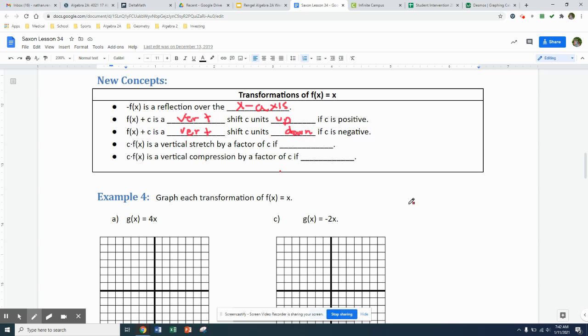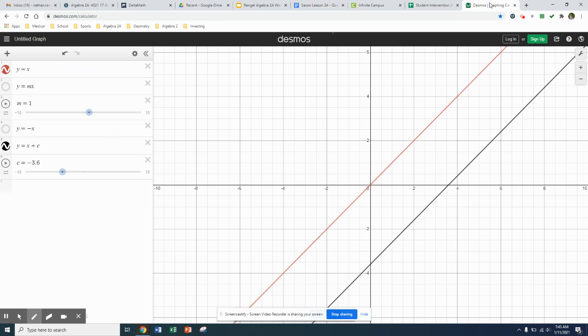Okay, so we can start to see as we add, we're going up if c is positive, and if c is negative, we start to see that graph going down. And we've seen that as we've worked with the linear equations, but we're going to start applying this to other functions, quadratics, cubics, so the others that we've started to introduce, and the same type of patterns are going to happen. So we're just looking for these patterns.